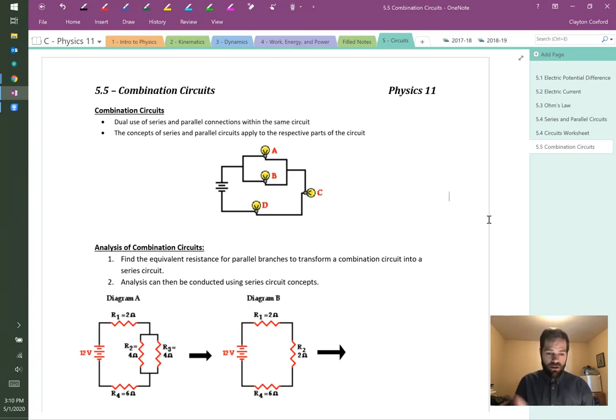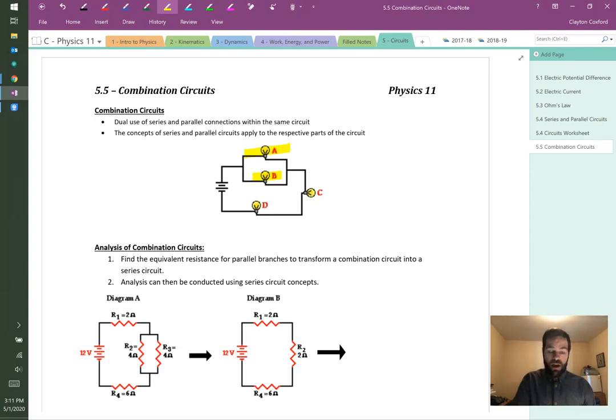So here's a quick example of a combination circuit. We can see that light bulbs A and B are in parallel with each other. Parallel meaning that both ends of the light bulbs are connected to each other.